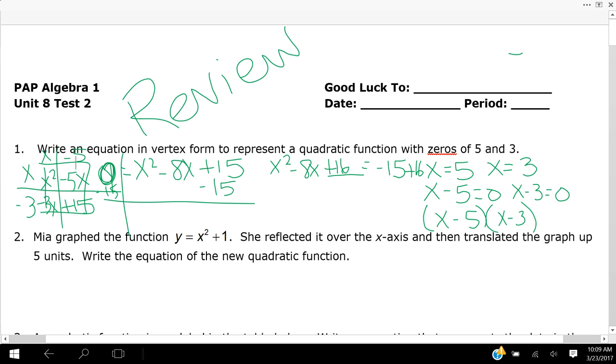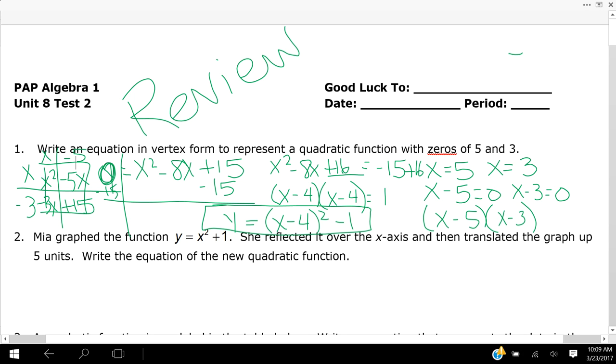I end up with x squared minus 8x plus 16, which is equal to x minus 4 times x minus 4, and that's equal to 1. So I'm going to write it as x minus 4 squared. I bring my 1 back over, and that's my vertex form equation.